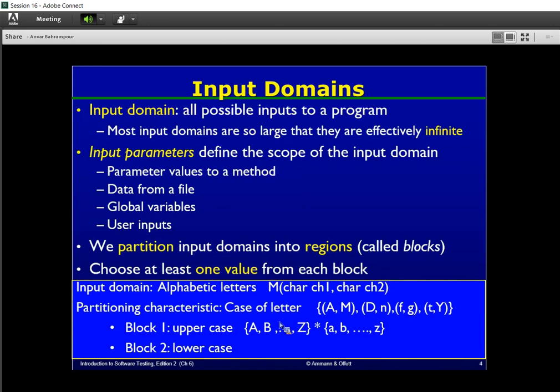We have defined the input domain as all possible inputs of a program, and input parameters which define the scope of the input domain.